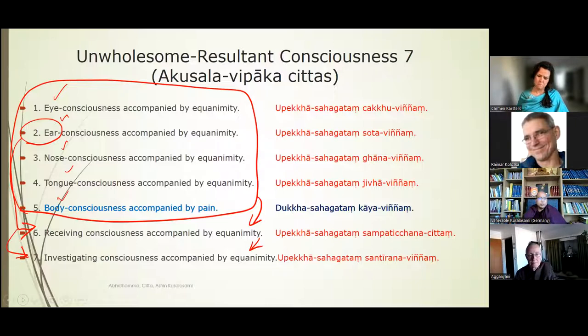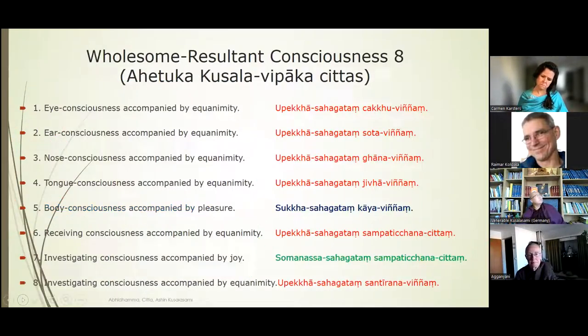So let me go next. Wholesome resultant consciousness is 8. If you want to remember, it's very easy. Here, eye consciousness is the same.